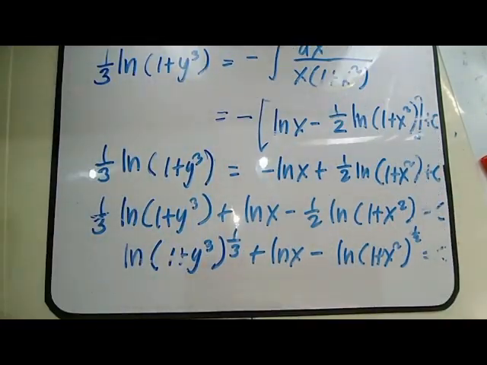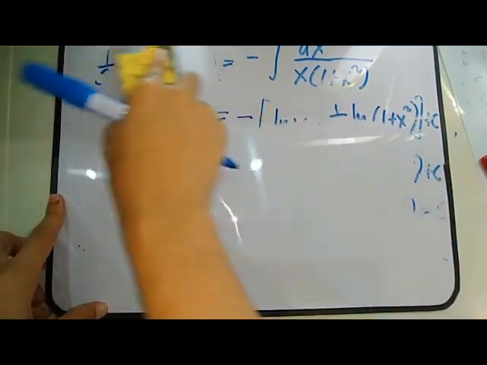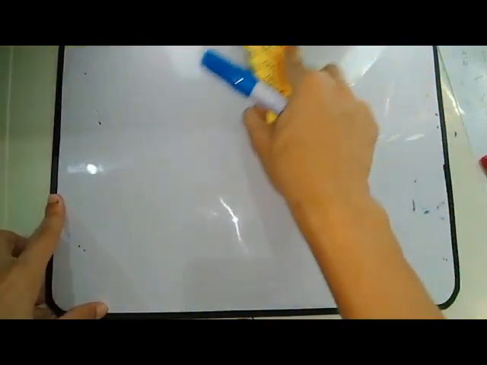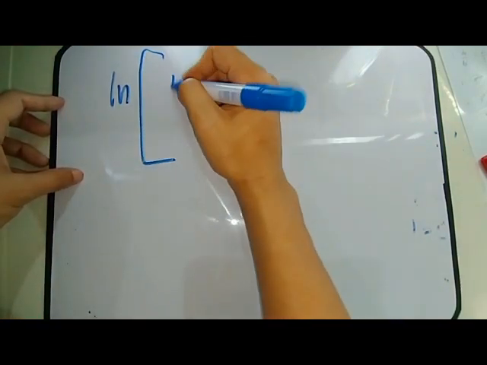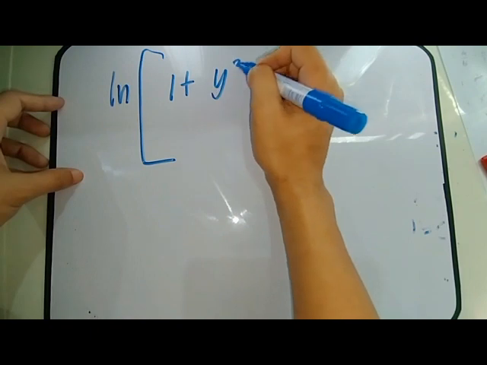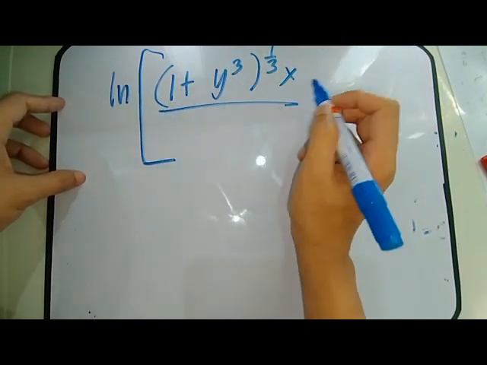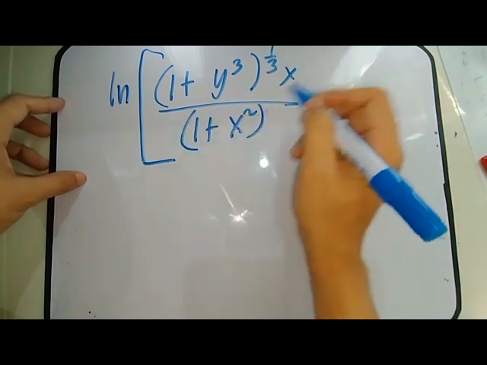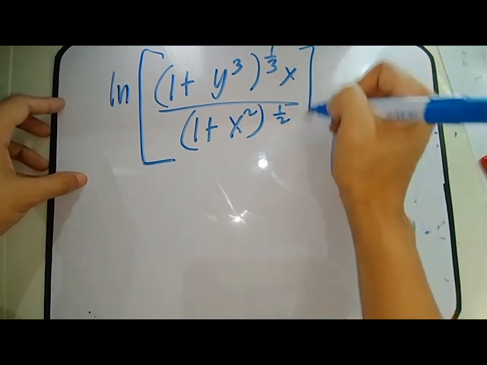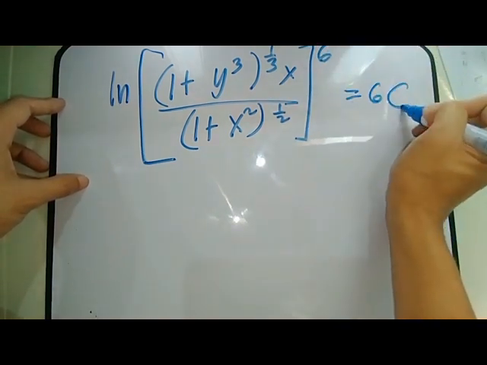So laws of exponent. So pag-aralan natin yung mga basic laws in order to apply it in differential equation. So you have your ln, 1 plus y cubed raised to 1/3 x all over 1 plus x squared raised to 1 half, raised to 6 equals 6c.